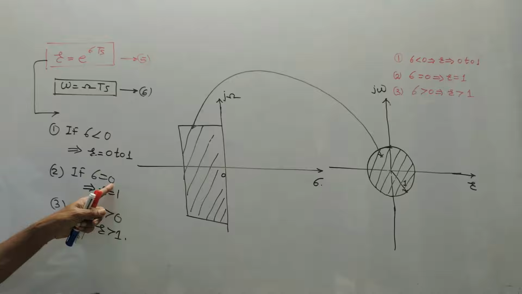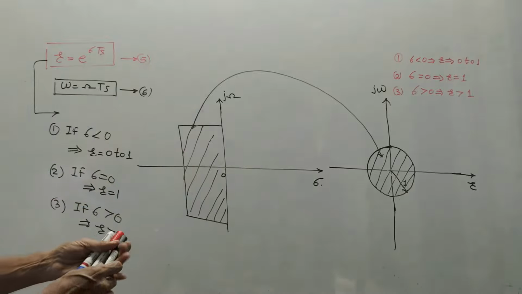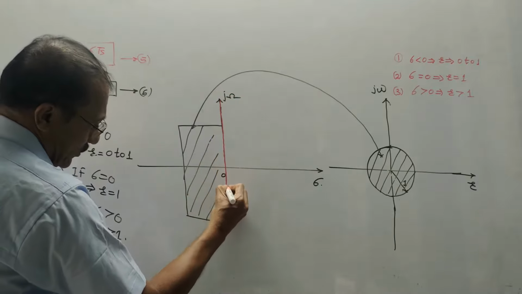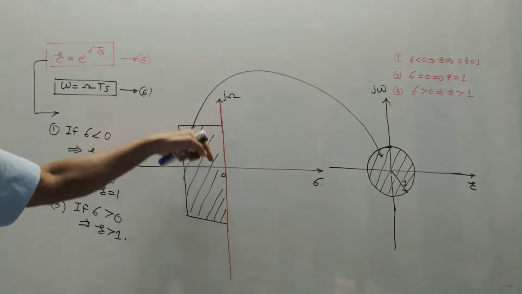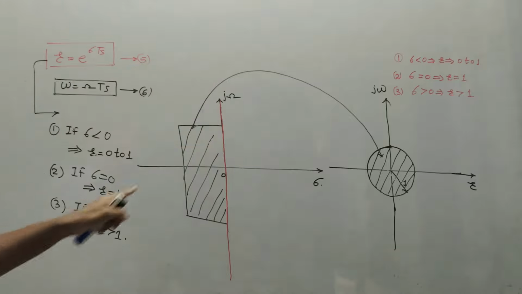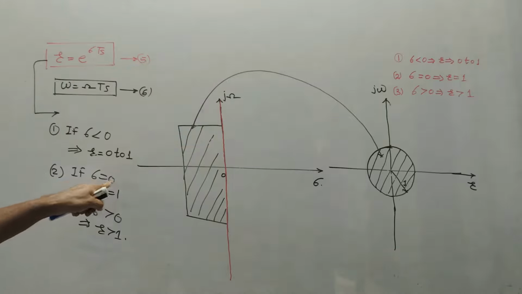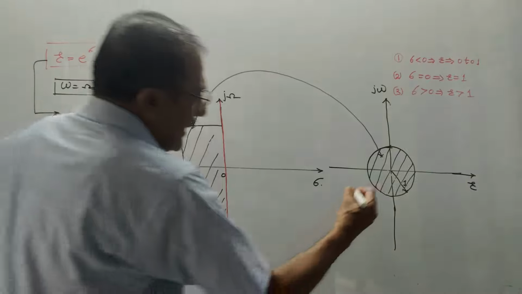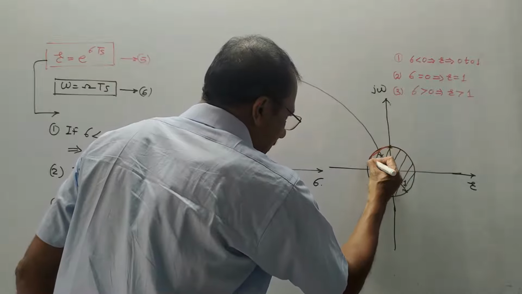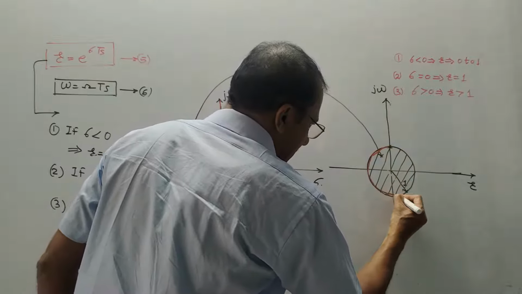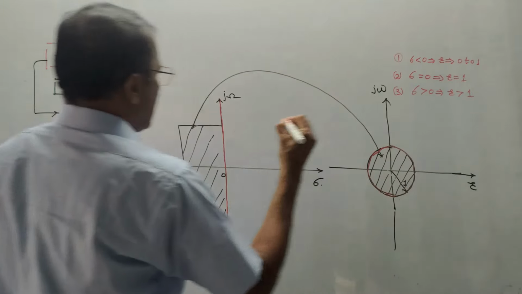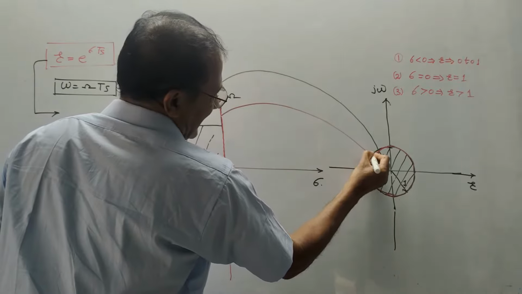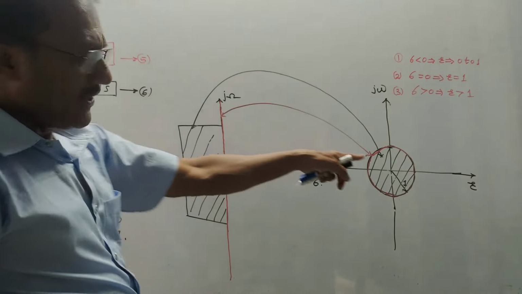Second, if sigma is 0, which portion of this diagram is it? On the entire j omega axis, I mean to say everywhere sigma is 0. So this red colored line indicates the position of sigma equals 0. For this, what value of r am I getting? r equals 1 according to equation 5. r equals 1 is the periphery of the unit circle. That is this portion, the periphery of the unit circle. So we can say that the entire j omega axis is mapped on the periphery of the unit circle.